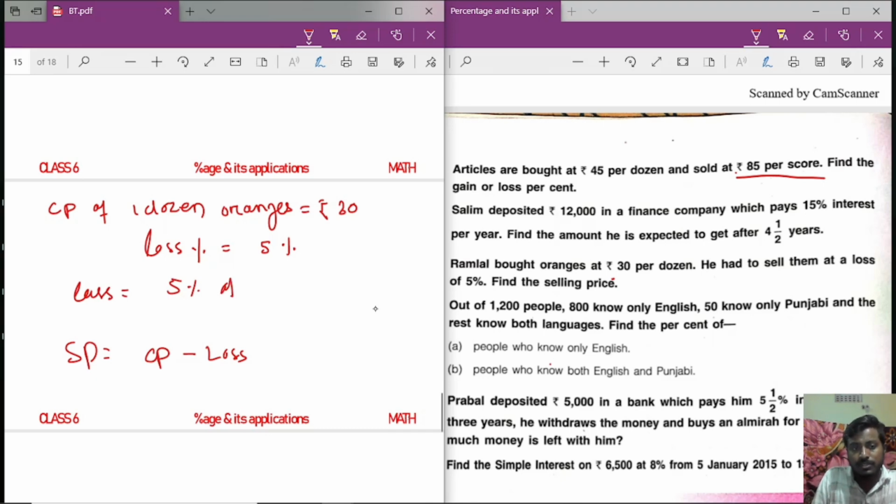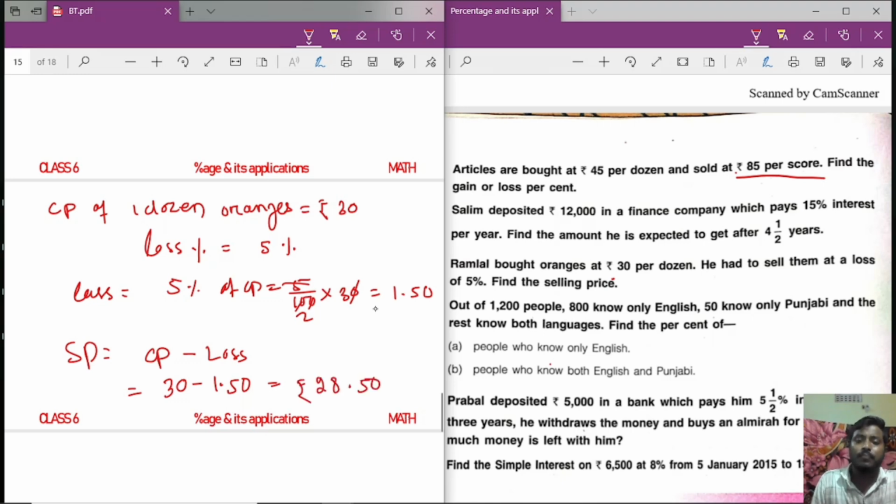So 5 by 100 into CP, which is 30. 5, 0, 0 cancel, 3 by 2 means 1.50. Now 30 minus 1.50 equals 28.50 rupees. Okay, next.